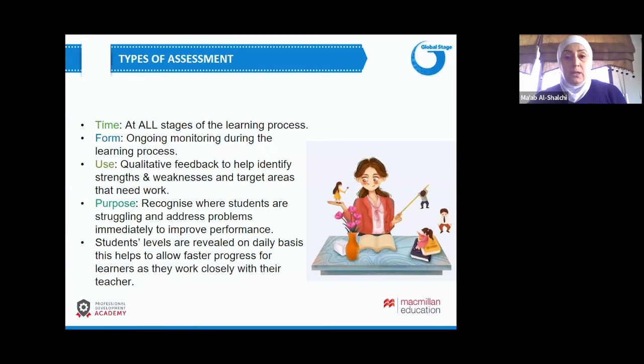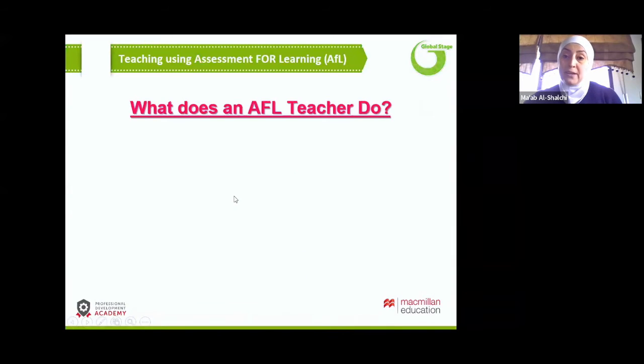And so with the formative assessment, you're helping your students to build their abilities on a daily basis. You're also helping yourself, by the way, as a teacher, to understand more about their levels and your plans. You're helping yourself to plan better, of course, in accordance to what you need to help your students at every lesson.